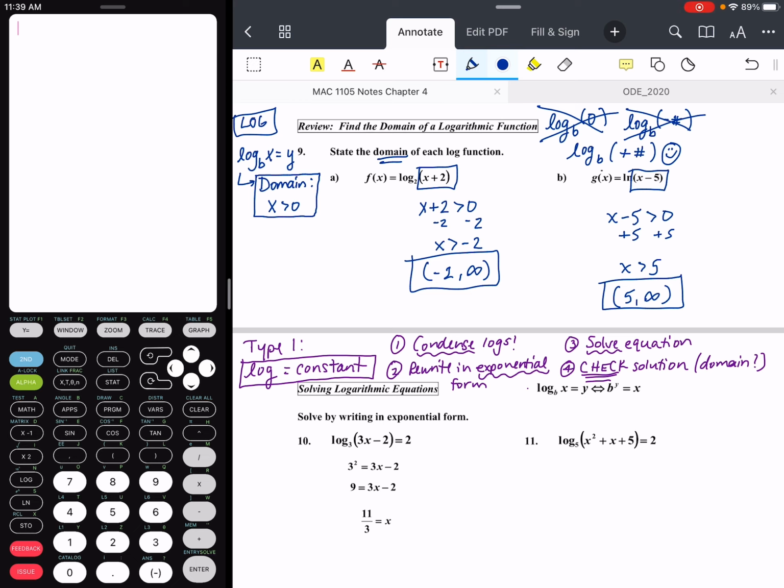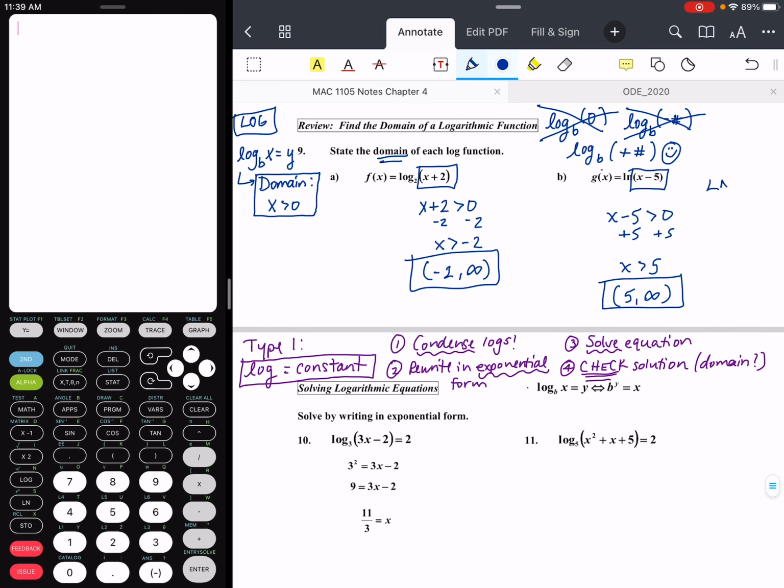And for part B, since we've got the ln key on our calculator, what this is saying is if we take that function, so natural log of something minus 5, if I take natural log of 7 minus 5, if x equals 7, all good. If we take the natural log of 3 minus 5, not so good, right?